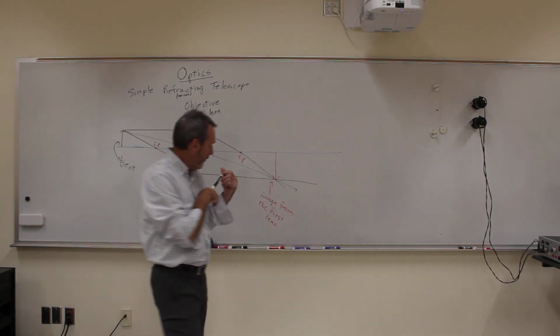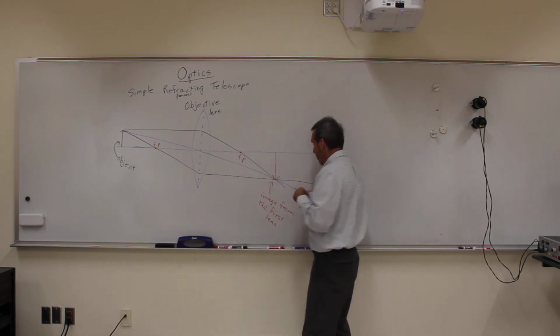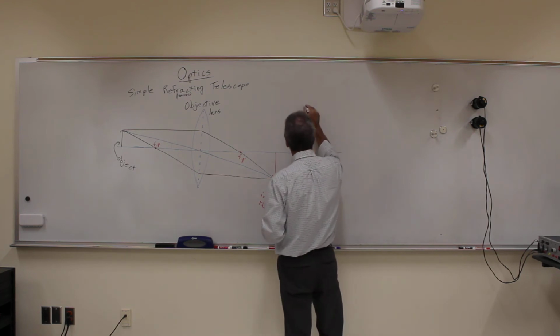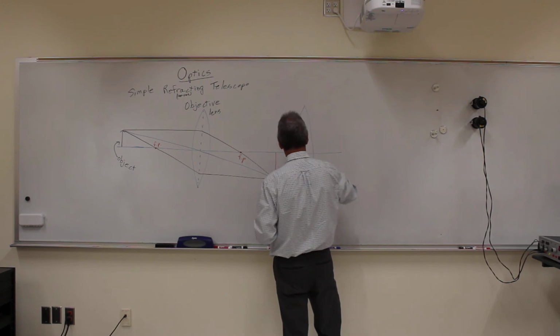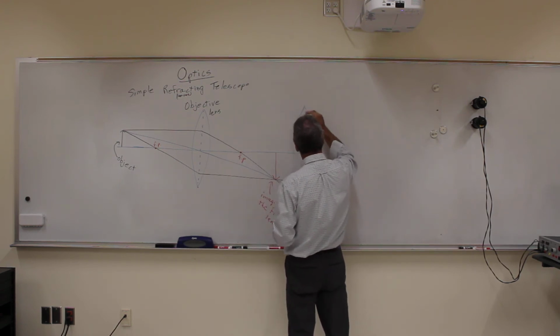Okay. Then I'm going to put another lens right here, so that this image is inside the focal point of this lens. Oh boy, that's terrible. Work on the center of my lens here.